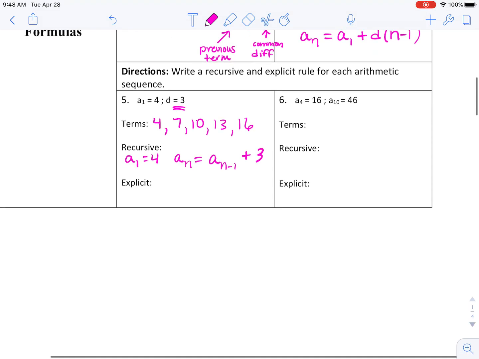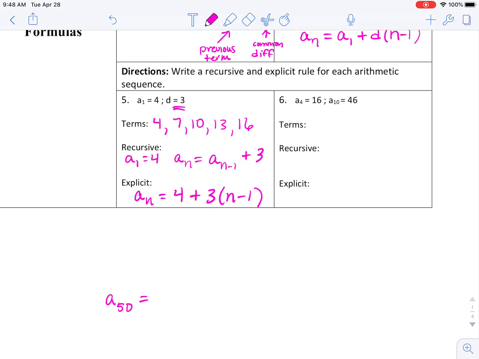My explicit model. Now we are basing off of the n, the term that we happen to be on. So I would still need to take the first term 4, and I would be adding 3 on n minus 1 times. So guys, what that essentially means, and I know I didn't ask you this, but if I wanted the 50th term for this particular sequence, and I don't want to write them all out, I would simply use that explicit model and say 4 plus 3 times 50 minus 1.